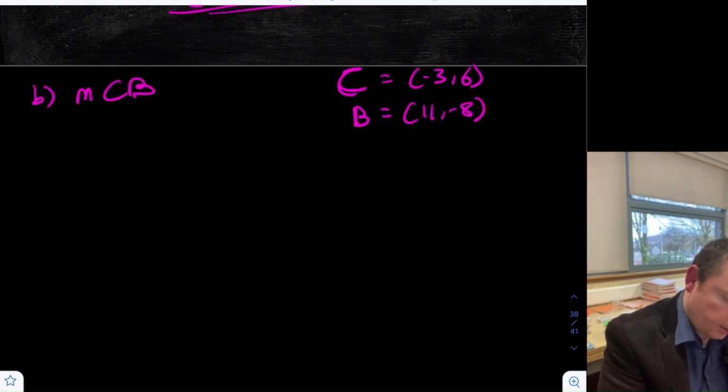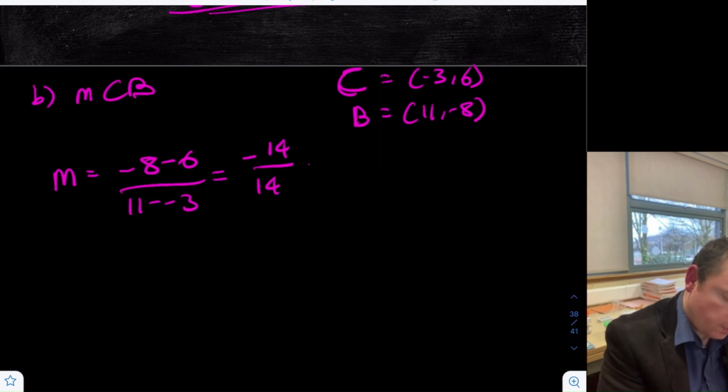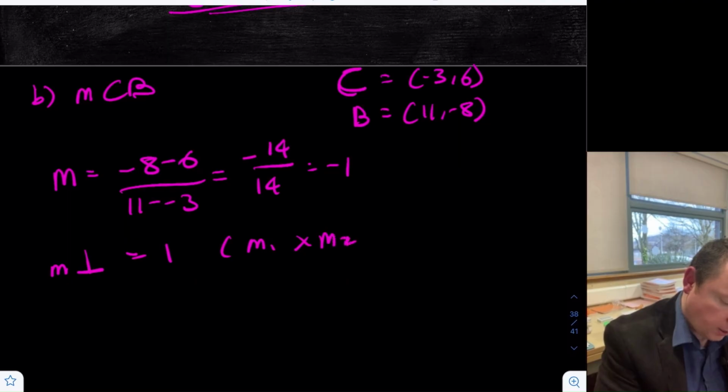So our gradient is equal to minus 8 minus 6 over 11 minus minus 3. That's minus 14 over 14, which is minus 1. So the gradient of our perpendicular is equal to 1 because m1 times m2 equals minus 1.